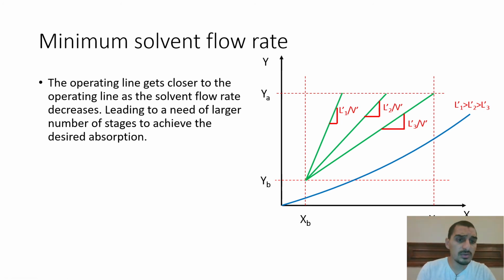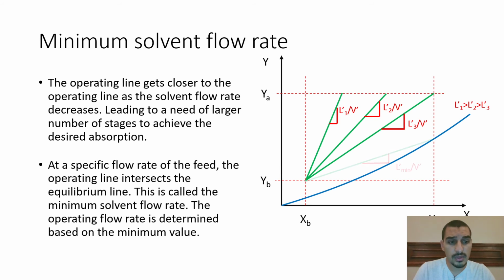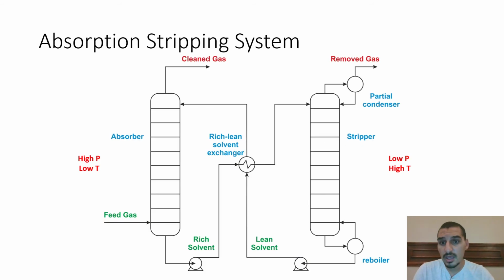And if we continue to decrease the amount of solvent, we will end up with something like this, which is a pinch point, and at this pinch point the driving force is 0 because the operating and equilibrium lines intersect, and this means that I need an infinite number of stages here. So the solvent flow rate here is what we call the minimum solvent flow rate. We usually use 25% more than the minimum, so that we can get a reasonable number of stages for the absorption process.